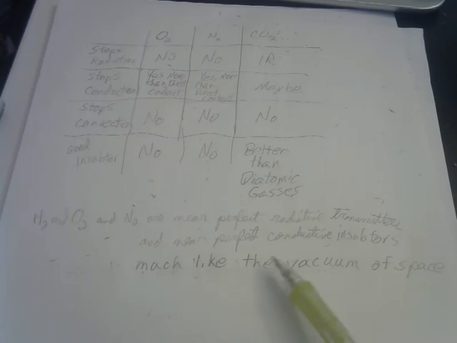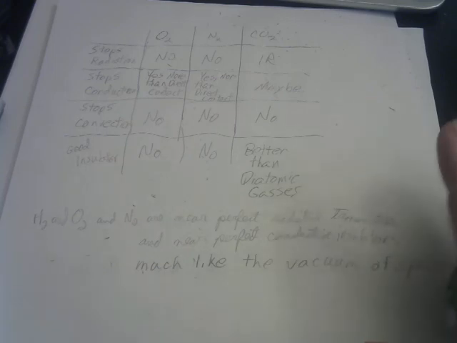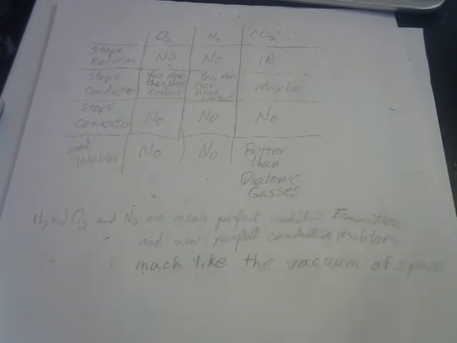And they're also near perfect conductive insulators, which means that if there's a hot pan of fried chicken, you can bring your hand as close as you want to that pan, as long as you don't touch it, and your hand isn't going to burn. But as soon as you touch it, you're going to feel a lot of heat coming through.